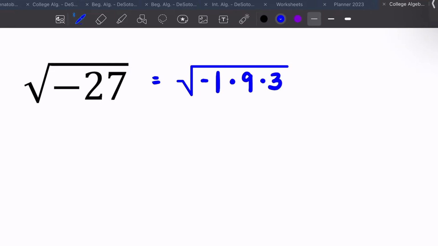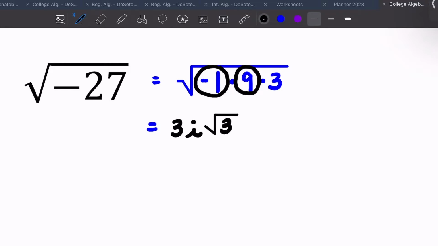It helps us out. So a couple of things happened. This is i. This is 3. So we have for our answer 3i times the square root of 3.